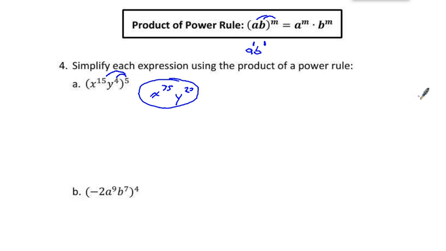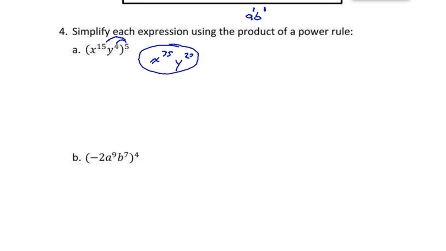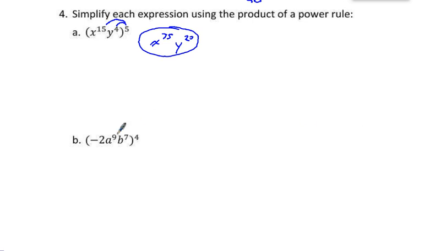In example B, I have negative 2 to the 4th. So here a negative to an even power is going to become positive. 2 to the 4th power, not 2 times 4, but 2 to the 1st to the 4th. And so the 4 times the 1.